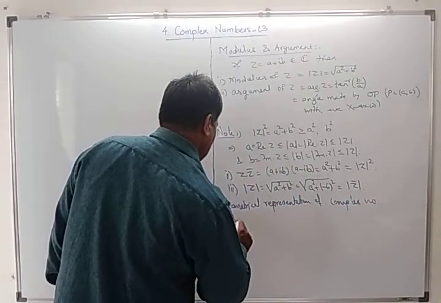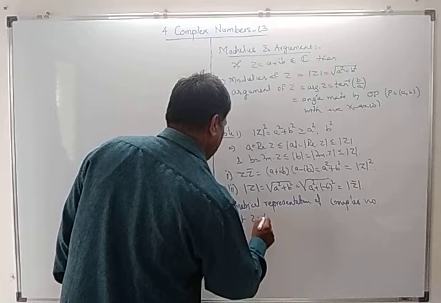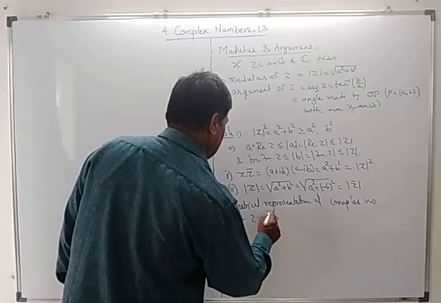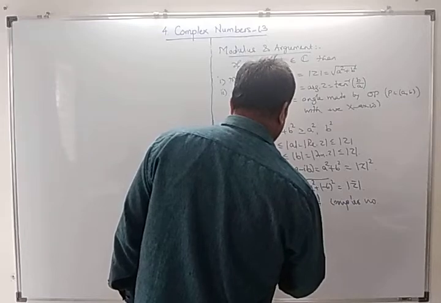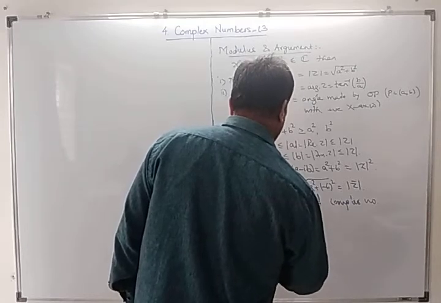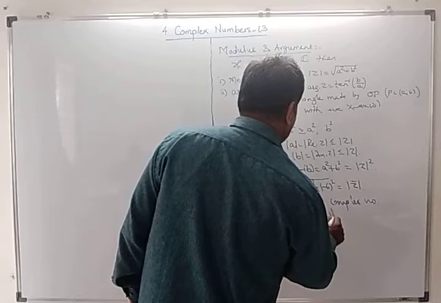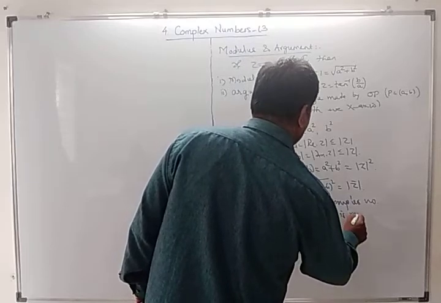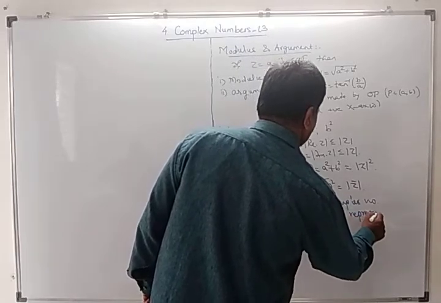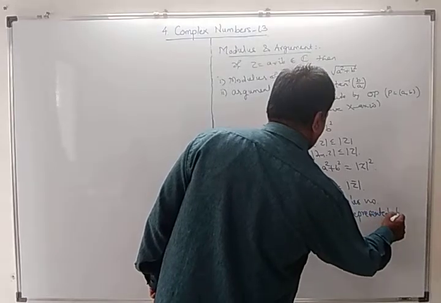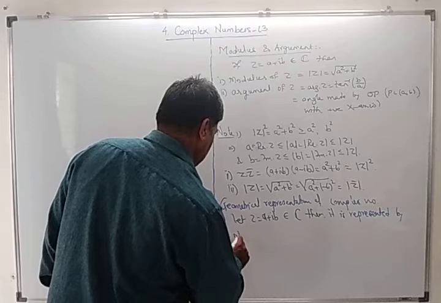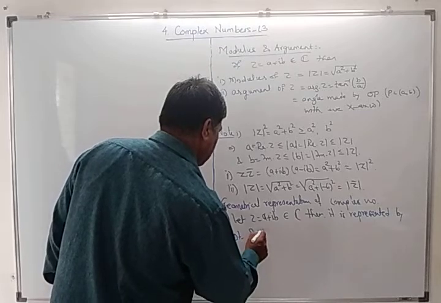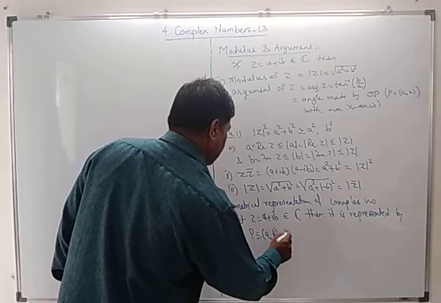Let z is equal to a plus ib, a, b belongs to R. Then it is represented by point P is equal to (a, b) in xy plane.